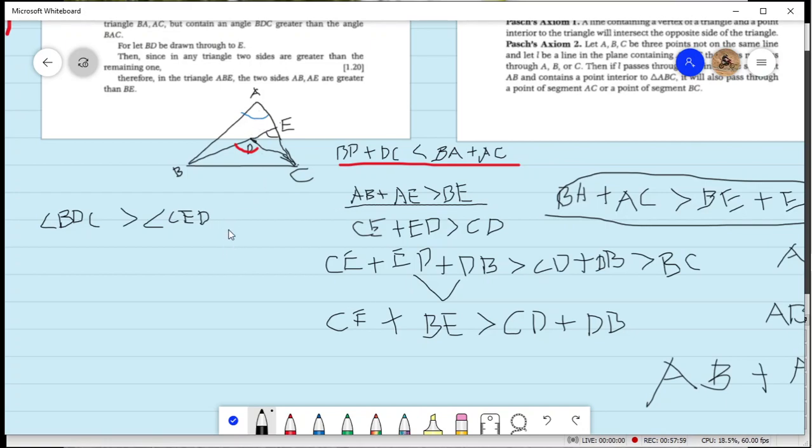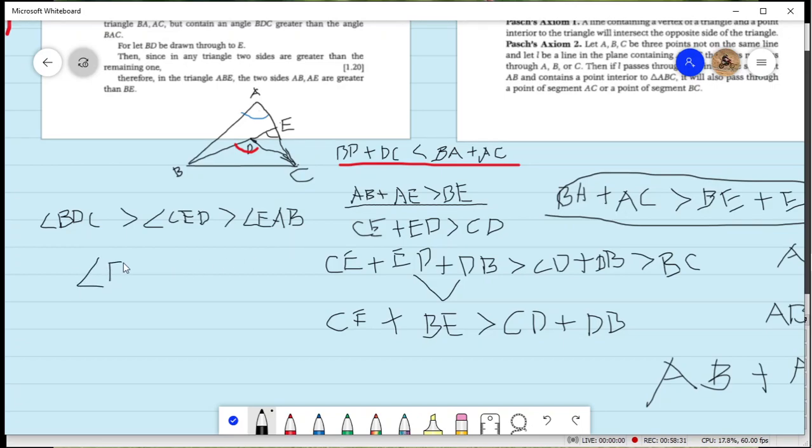Therefore, by that same theorem, we can say that angle CED should also be greater than angle EAB. So we see that angle BDC is greater than angle CED, where angle CED is greater than angle EAB.